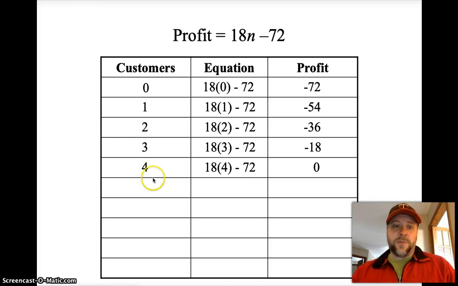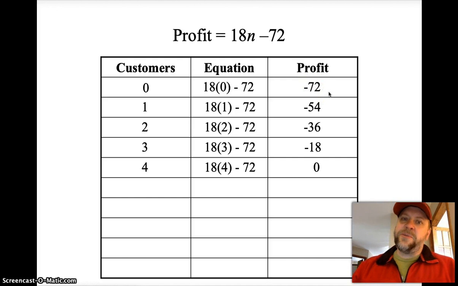So she has to cut the hair of 4 people just to make $0. That's rough, but that's how a lot of businesses work. You have to cover your expenses, which means you have to sell or do so many things in order to make up the losses that you'd have if you did nothing. So 0 may seem bad, but at least it's not negative 72.